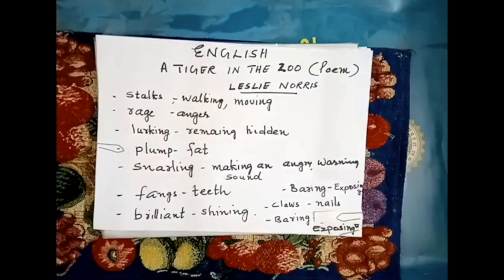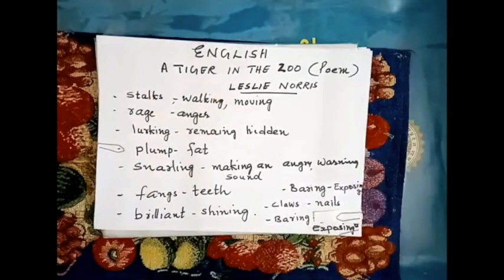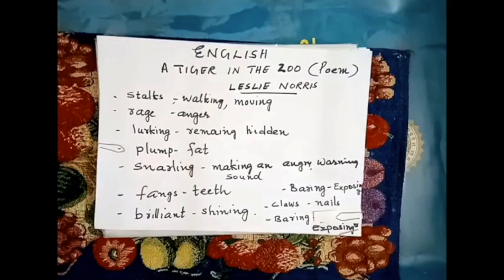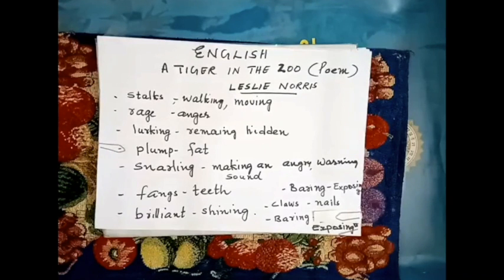Now, the next stanza is the tiger in the forest. He should be lurking in shadow, sliding through long grass near the waterhole where plump deer pass. Now, he should be lurking in shadow.